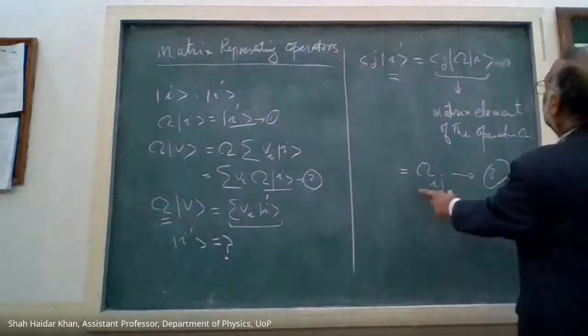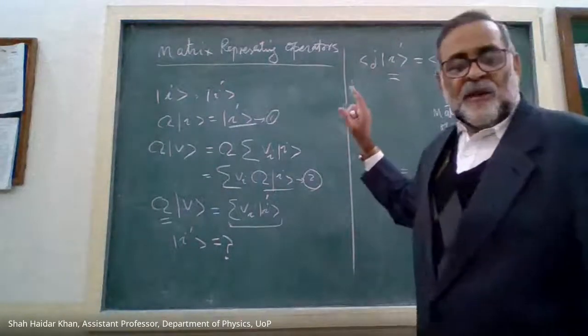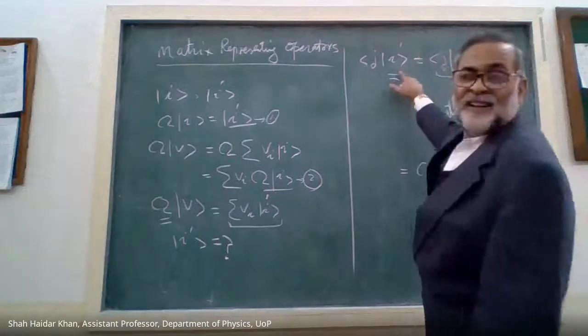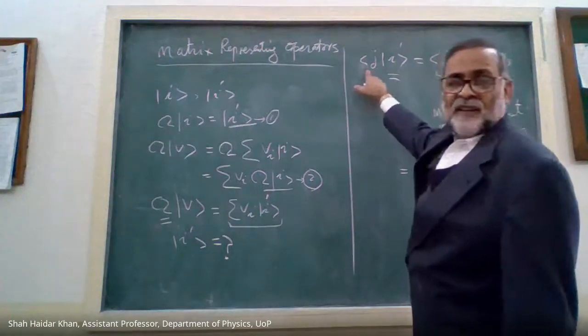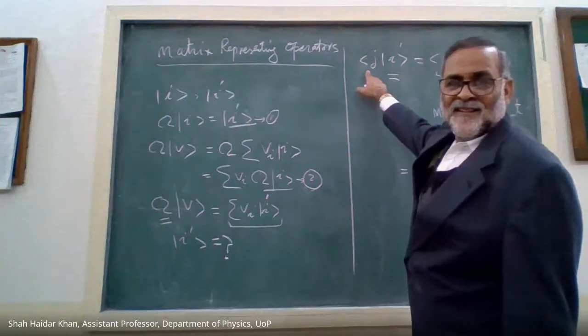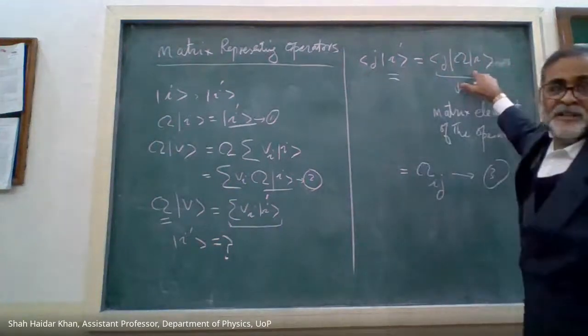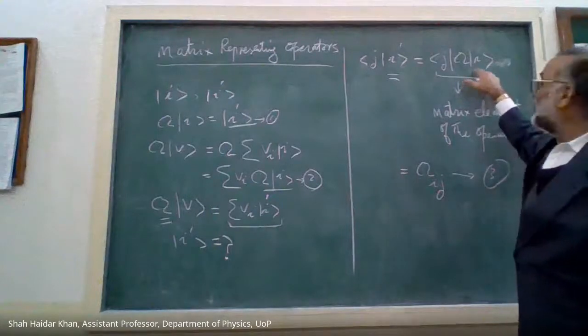And these are all the elements I and j, right? And I and j are the basis vectors. I and j represent all the basis, right? Here we do it in terms of the known, right?